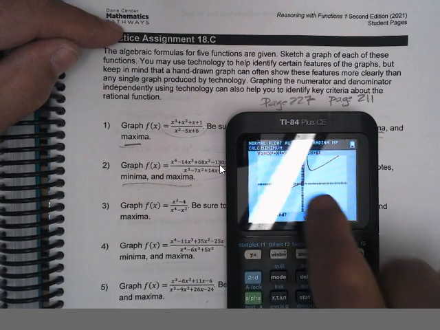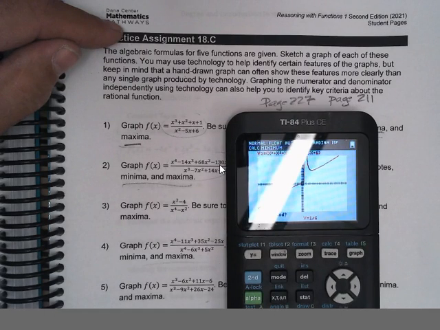That's somewhere out here, maybe between 5 and 10. My guess is around 9. There it says the minimum is at 9.46.